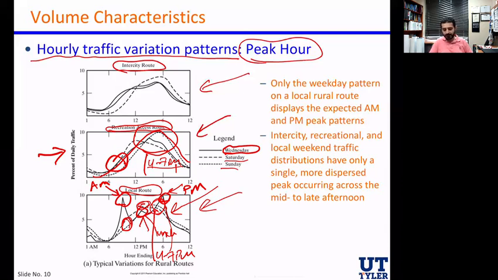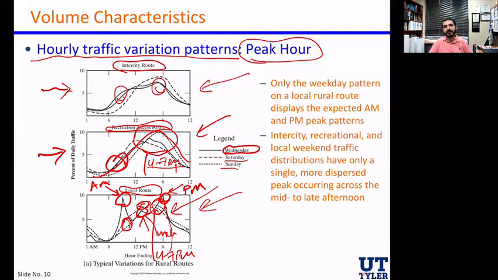Same thing for intercity. For the intercity route, it's a little bit more interesting, because this is between cities. We can see a little bit of a peak here, and a major peak here during weekdays, because there are still people leaving one city to work in another city. So the AM peak hour might be different.